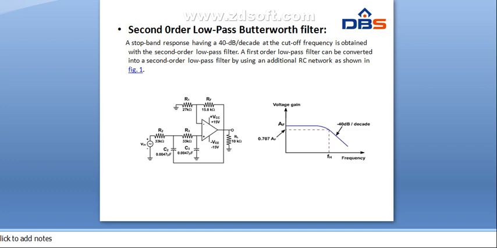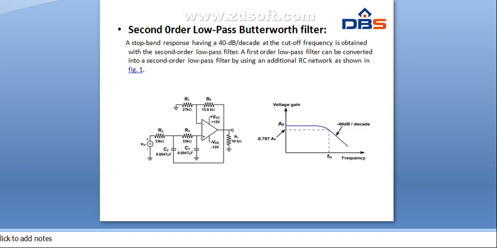A first order low pass filter can be converted into a second order low pass filter by using an additional RC network. So here we have two RC networks. In the first order low pass filter we have only one RC network, but here we have two RC networks. Okay, so at the input side we are having two RC networks. That is the second order low pass filter.